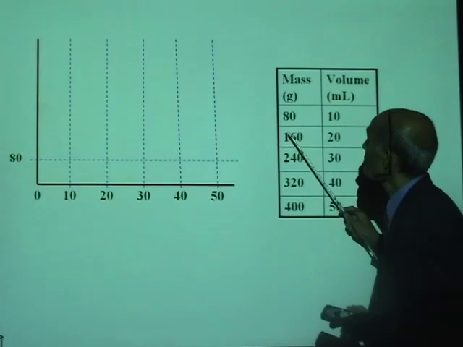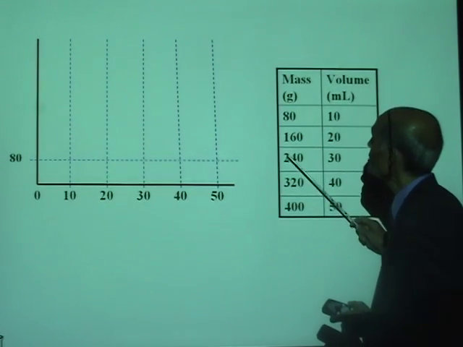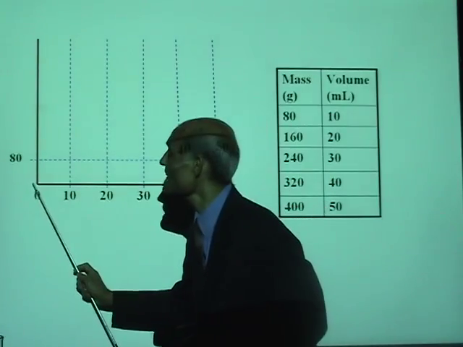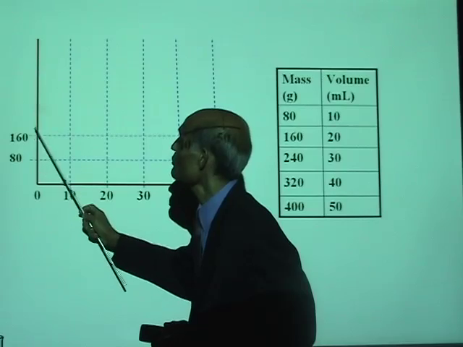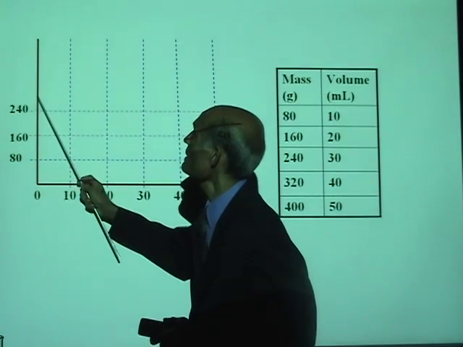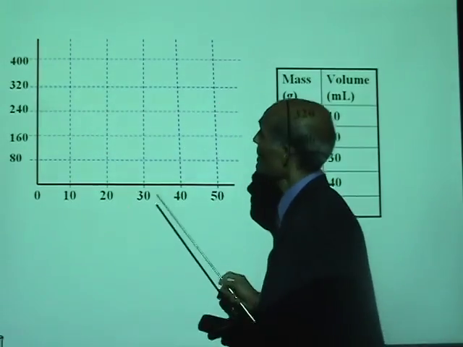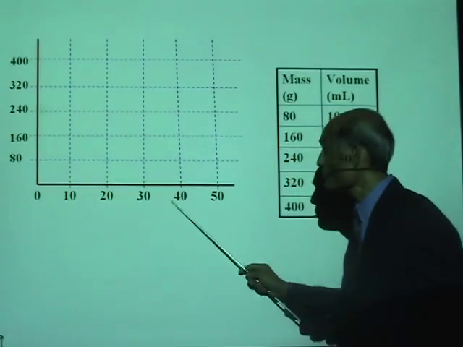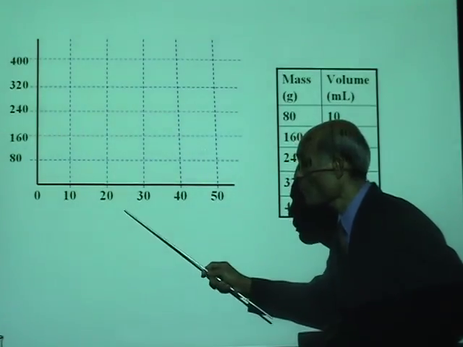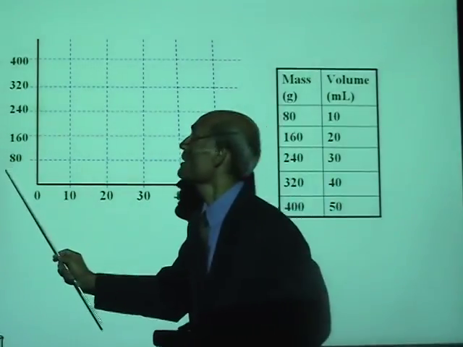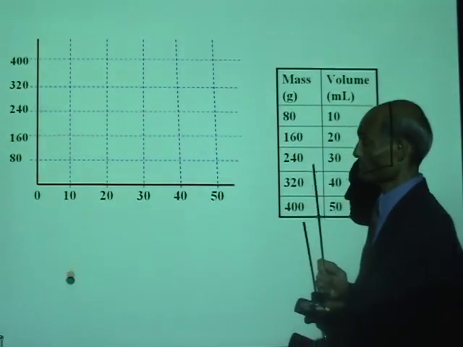It goes in steps of 80. 80 plus 80 is 160. 160 plus 80 is 240. So I can go in steps of 80 here: 0, 80, 160, 240, 320, 400. So on the x-axis I have the volume in milliliter. You need to write that. And on the vertical axis I have mass in grams.